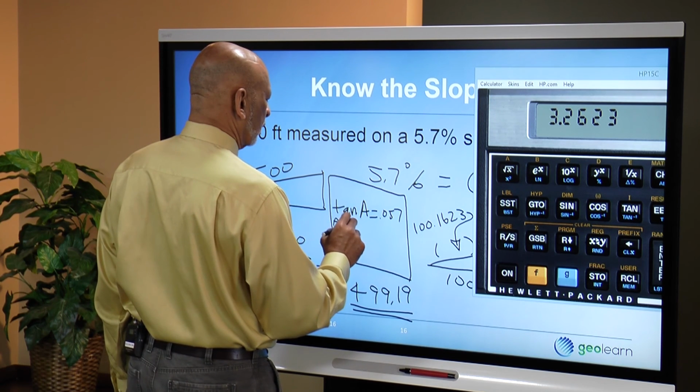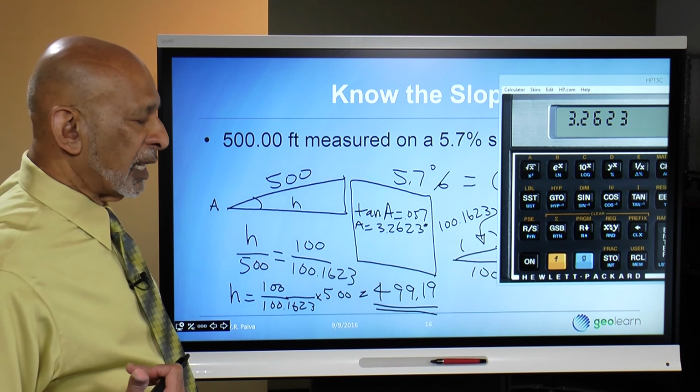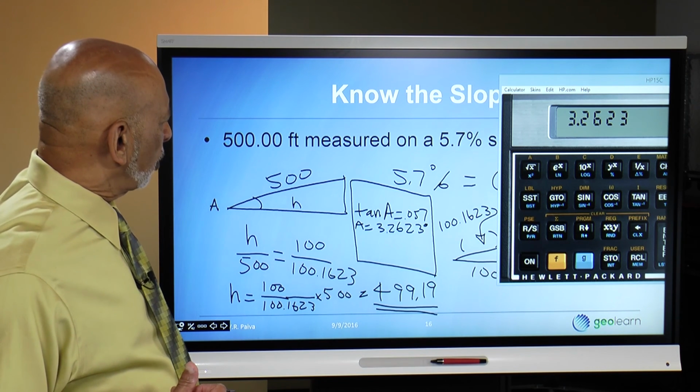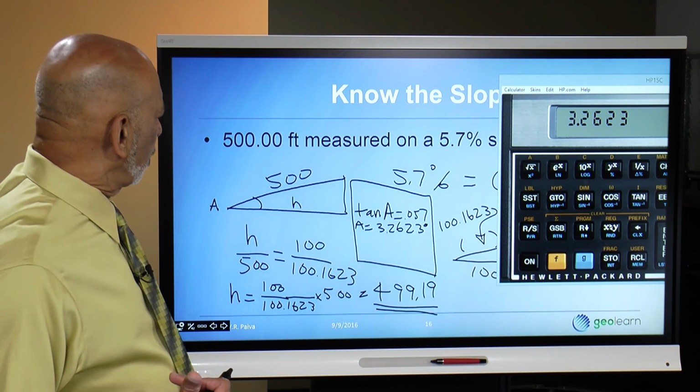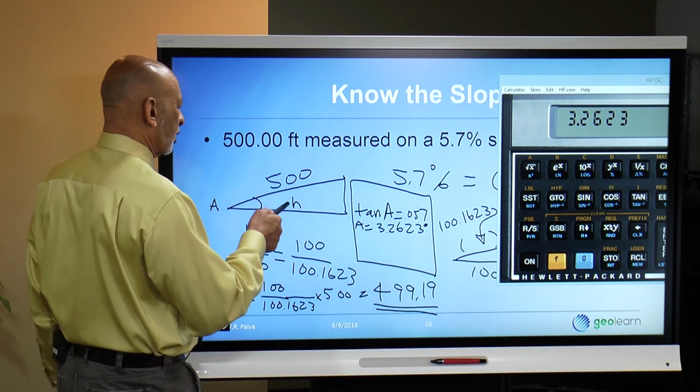So A is equal to 3.2623 degrees. Now, in this particular case, you don't have to convert it to degrees, minutes, and seconds, which is often the bugaboo that many of you will have to go through in other parts of the course, because here all you're doing is trying to calculate what h is.